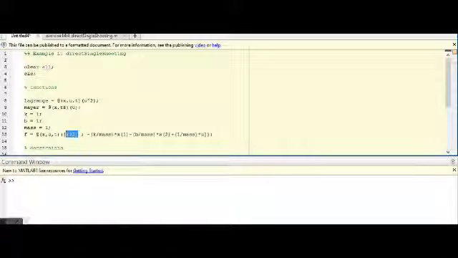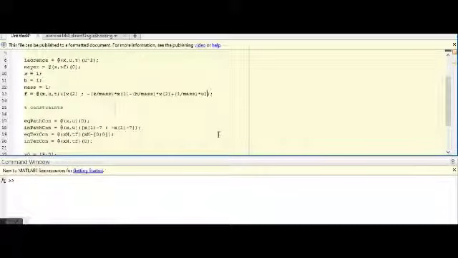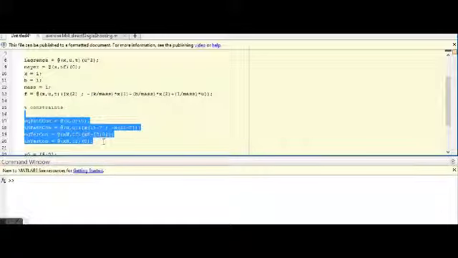And I have negative k over mass multiplied by x1, minus b over m multiplied by x2, plus 1 over m multiplied by u. You can see that the dimension of this matrix is 2 by 1, which is the same as the dimension of x. Constraints, they all have to be in terms of function handles.